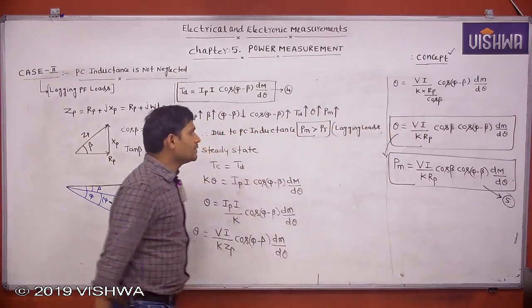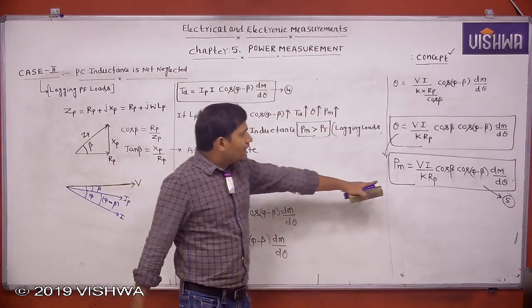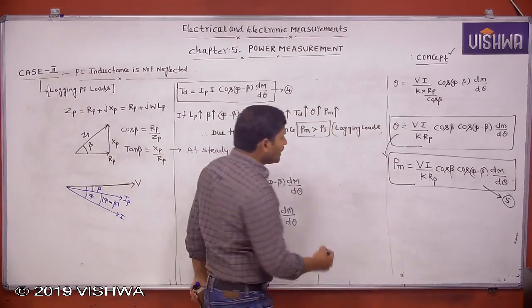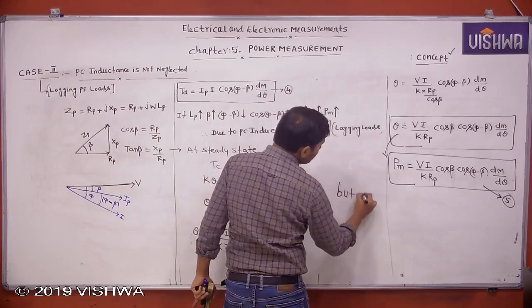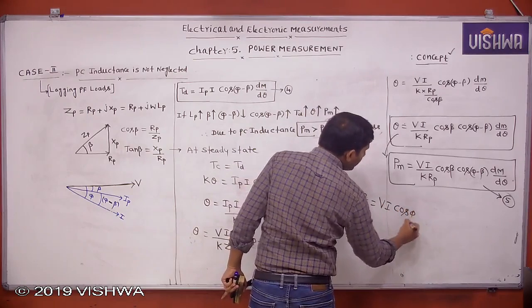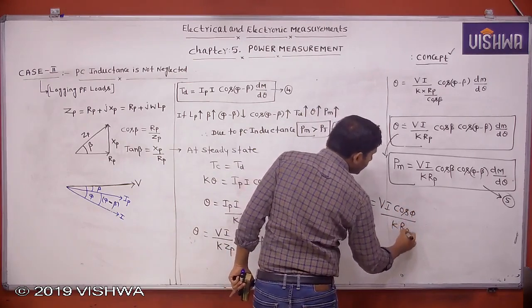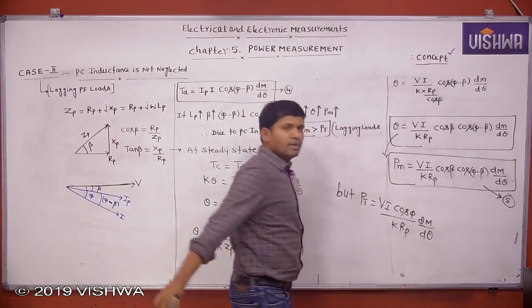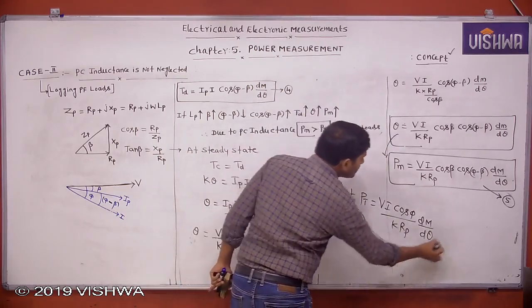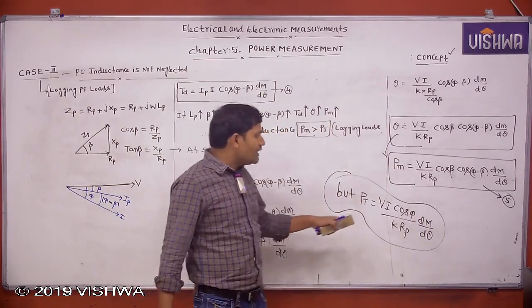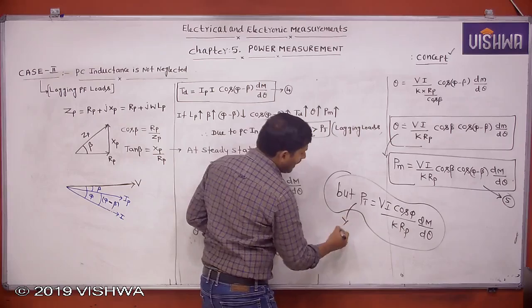Now see the difference. This is the case with the assumption of pressure coil inductance. But what is the true power expression? You already derived this one: VI cos pi by K RP into dm by d theta. This is the true power expression, with the assumption of without LP.